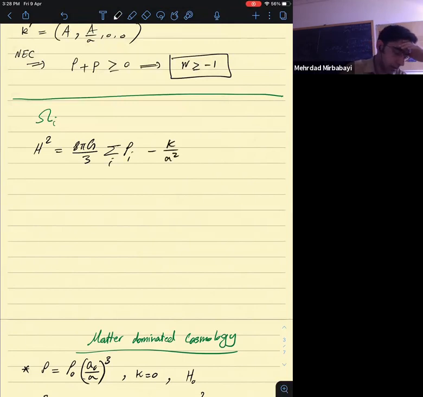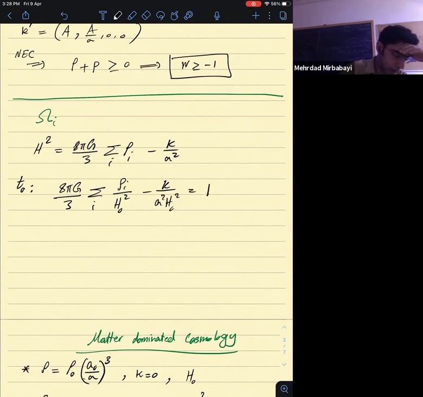Then let's say at t naught, some arbitrary time, but in particular in cosmology, we mean today, I divide this equation by H naught squared. Then what I get is that 8 pi G over 3, sum over i of rho i, divided by H naught squared, minus k divided by a squared H naught squared, is equal to 1.